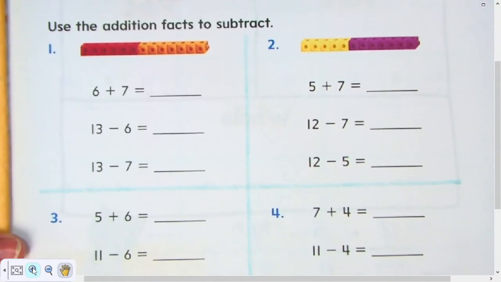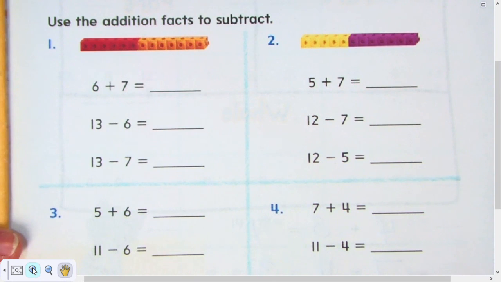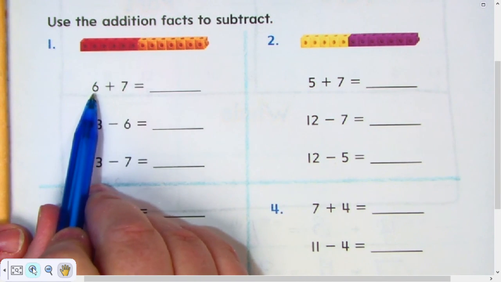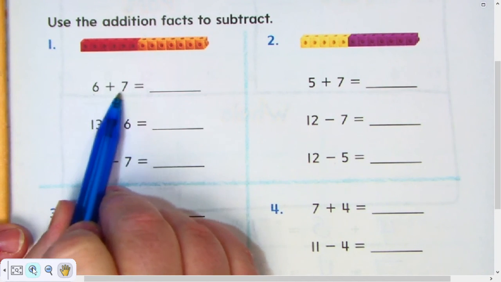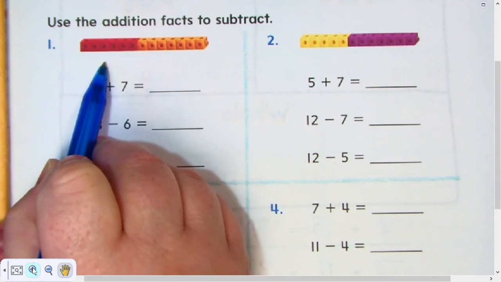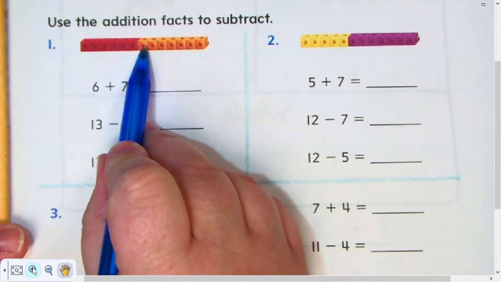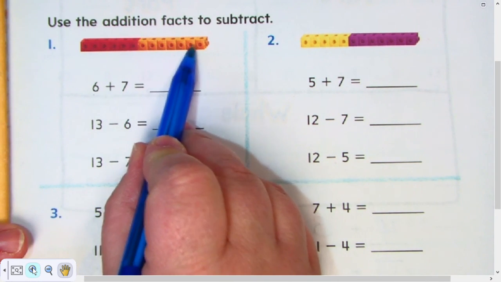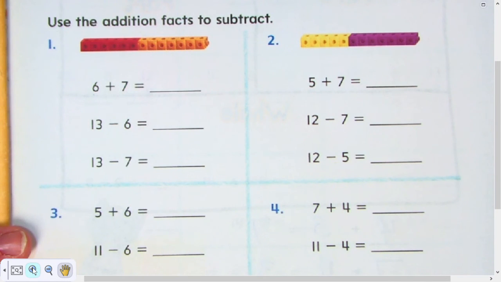So for number 1 and number 2, they're giving us a cube, but for 3 and 4, we'll use our mats. So they said we have 6 plus 7. So we have 1, 2, 3, 4, 5, 6. Plus 7 more. 1, 2, 3, 4, 5, 6, 7. Now, personally, that's a lot of them to count, isn't it?